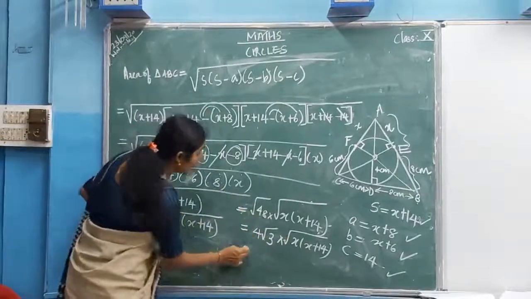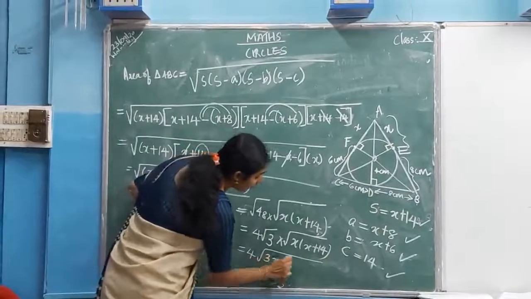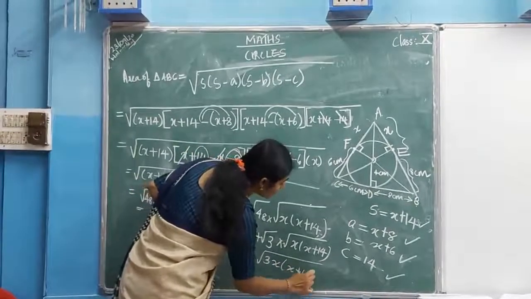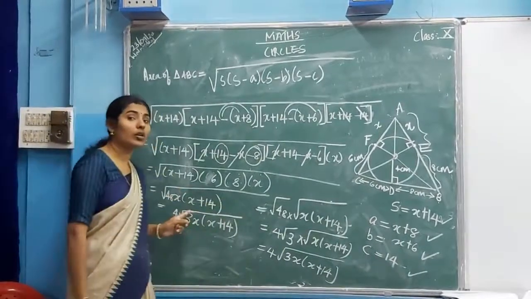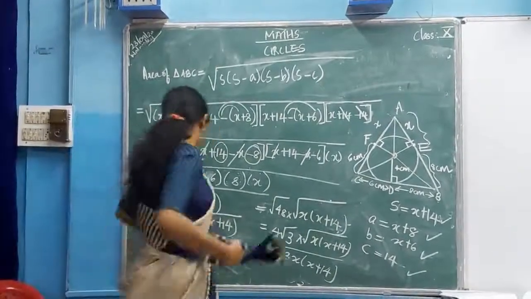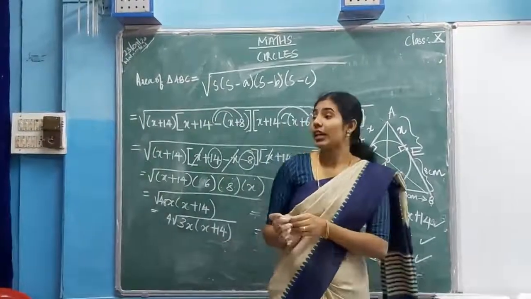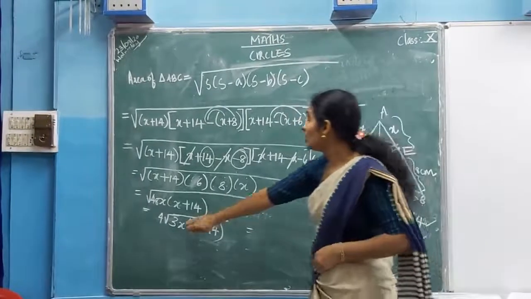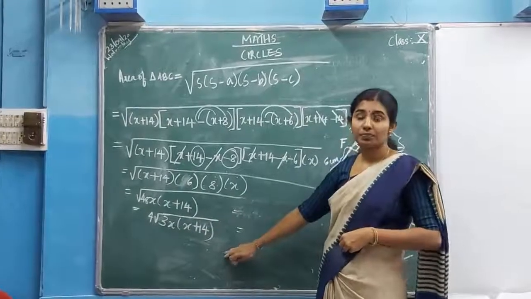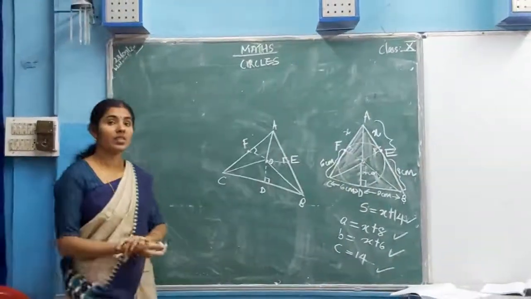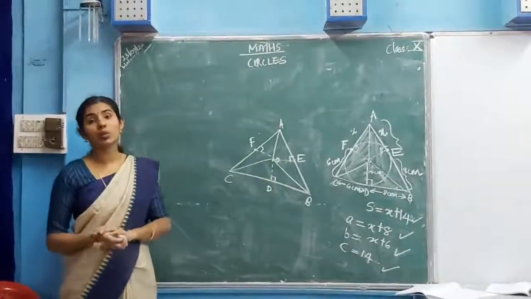So you will get 4 into square root of 3x into x plus 14. Otherwise, if you are writing this much only, then also it is correct. The area of triangle ABC you will get 4 square root of 3x into x plus 14. So now you are getting the area of triangle ABC by Heron's formula.